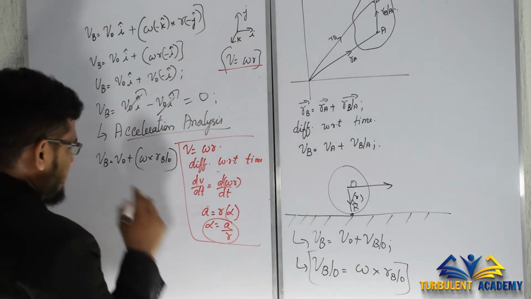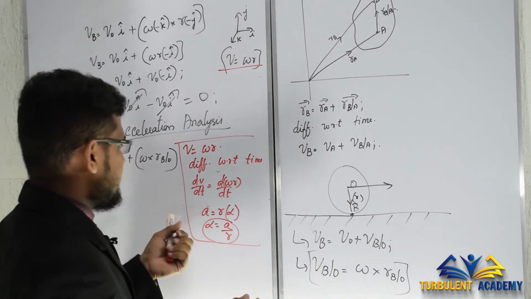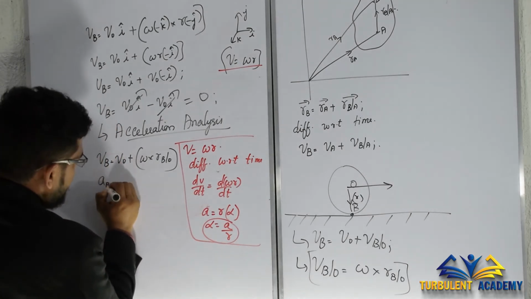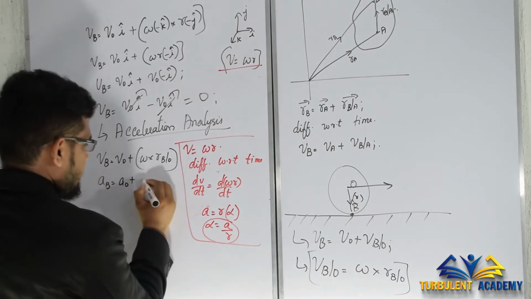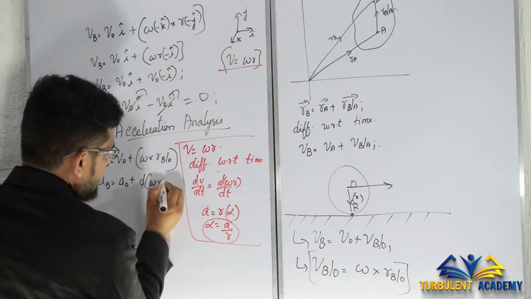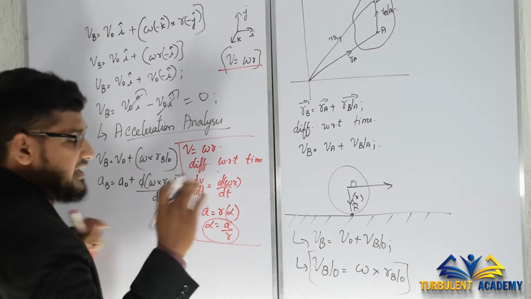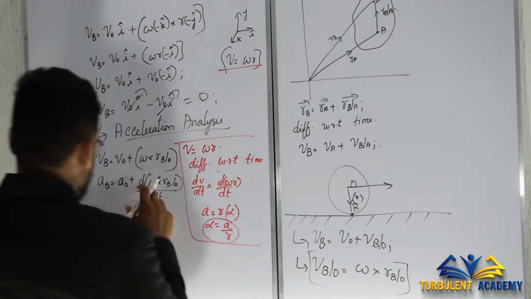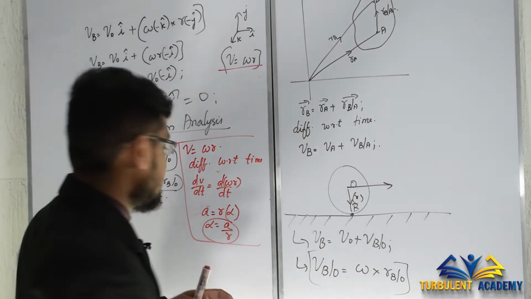Now, as usual, I am going to differentiate this particular velocity with respect to time. I am going to get AB equal to A naught plus the differentiation of d omega into rb by 0 divided by dt. Since we have two terms, I am going to use the product rule of differentiation: (uv) dash equals u dash v plus u v dash.